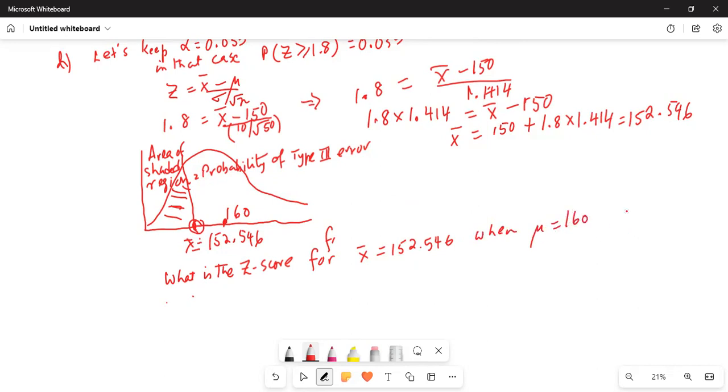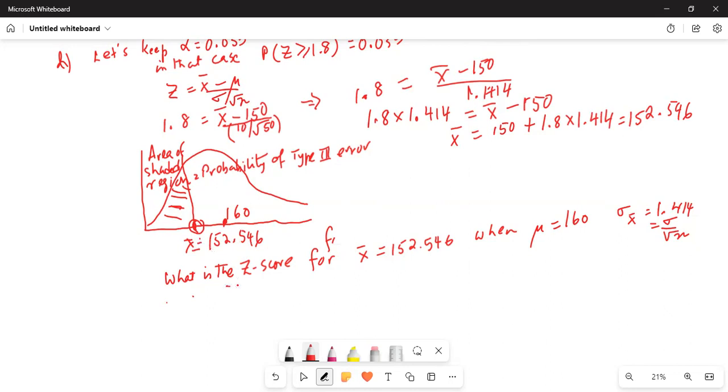Sigma X bar will remain constant at 1.414, which is sigma divided by square root of n as determined before. Okay.